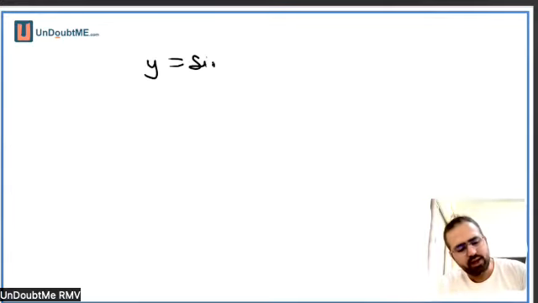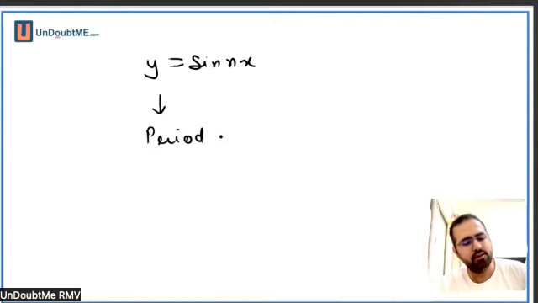Y is equal to sine nx. We need to get the period of this. What will be the period of this? In general, the period of sine x is 2 pi. So the period for this will be 2 pi by n, whatever is the n value over here.